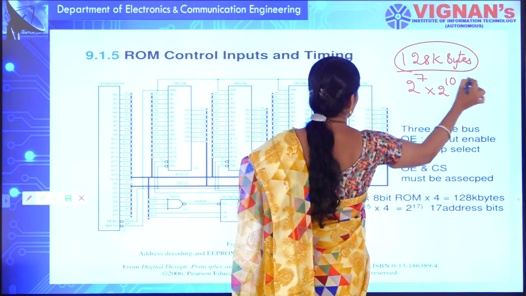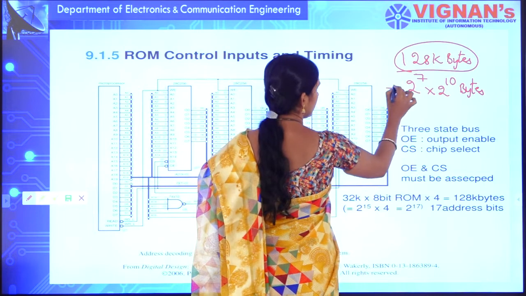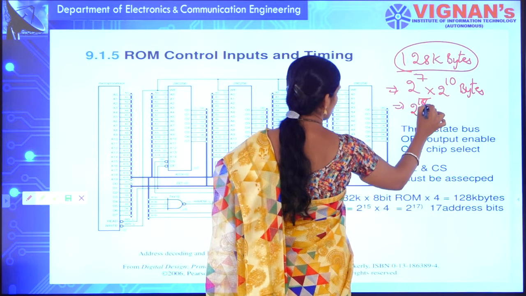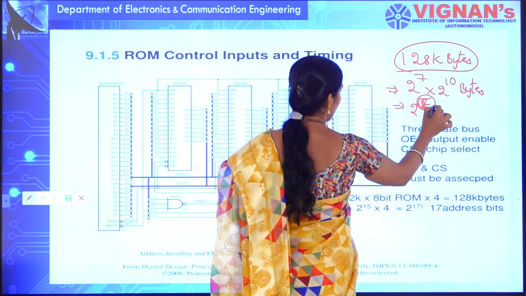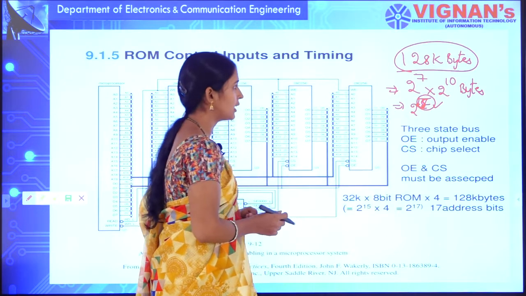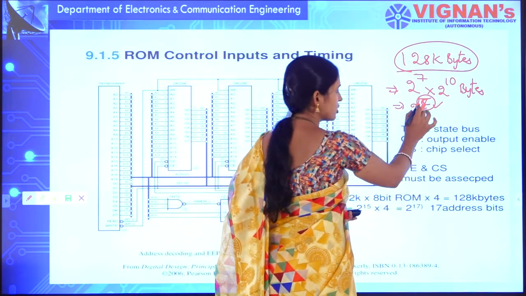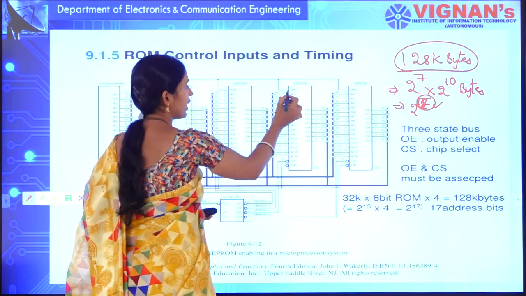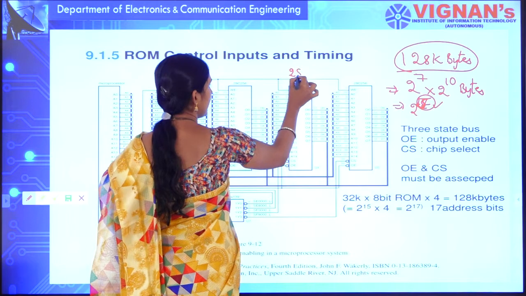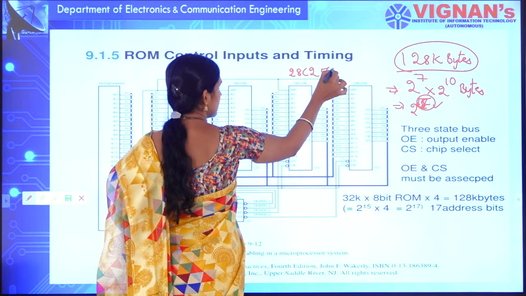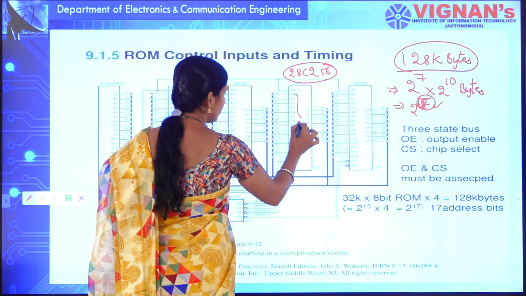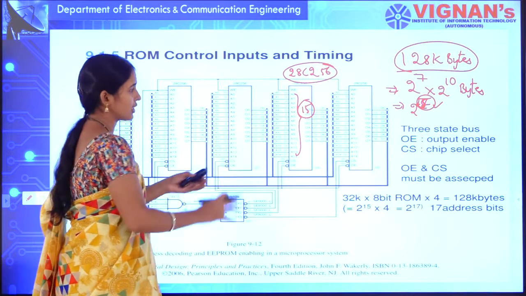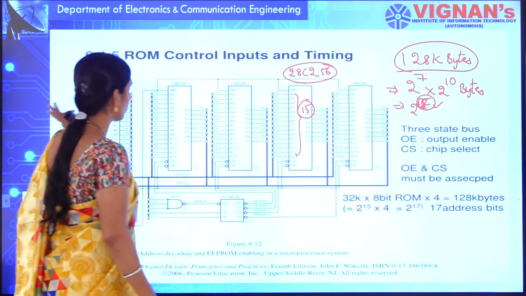If I want to interface it, it will have 2 power 17, so there will be 17 address lines it should take, and it should interface with the microprocessor. But if I take this chip, 28C256, it has only 15 address lines. So how do I interface 17 address lines to the microprocessor?